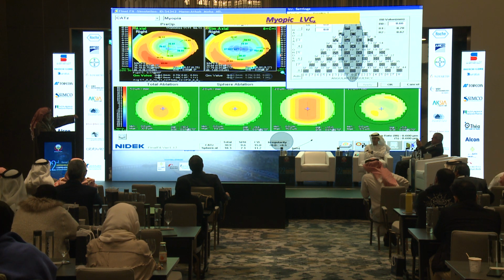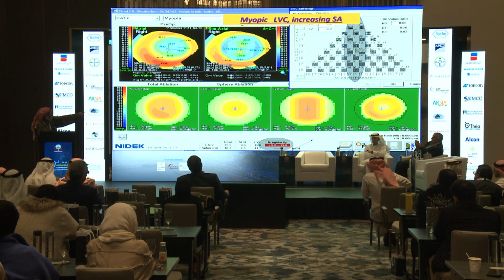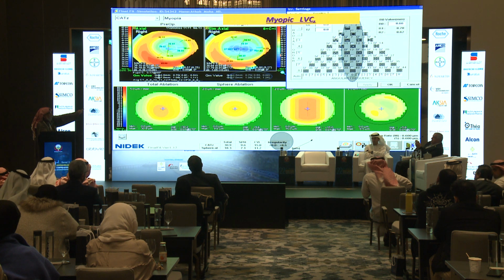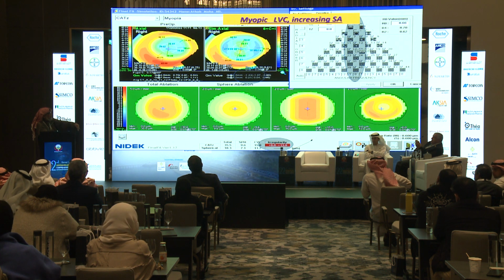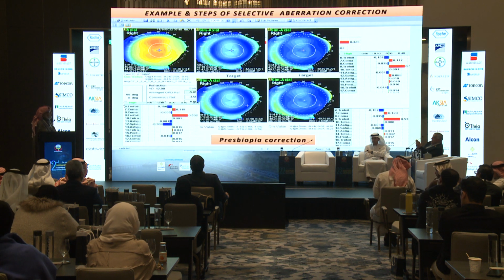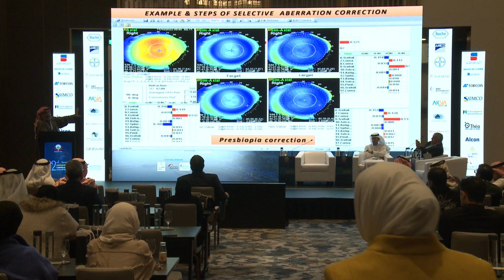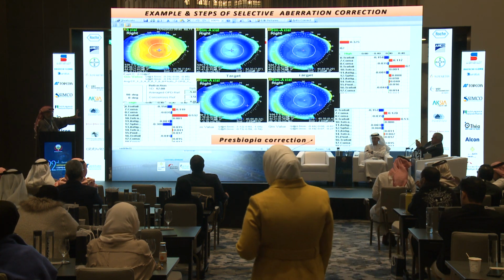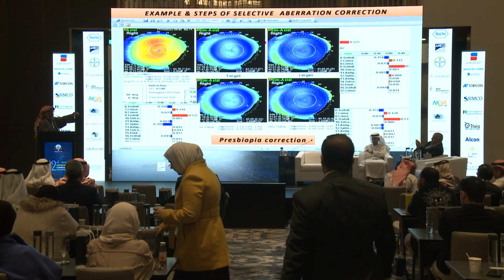The Q value here was 0.7, became -1.4 at 4 millimeters, and then the other reduced to 0.2. So I'm reducing the positive sphericity, the positive spherical aberration, to give him better depth of focus, whether myope or hyperope. And that's it. This is the same eye, and this is the same eye, and this is not done. This is just to show you.